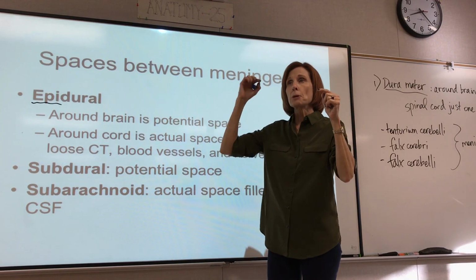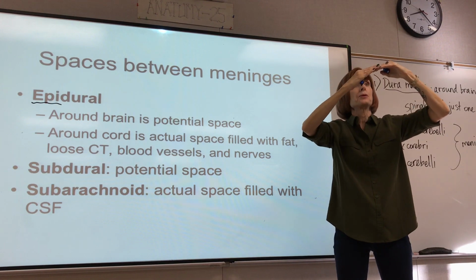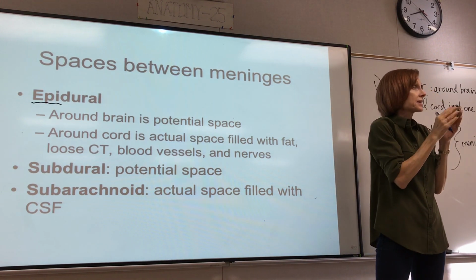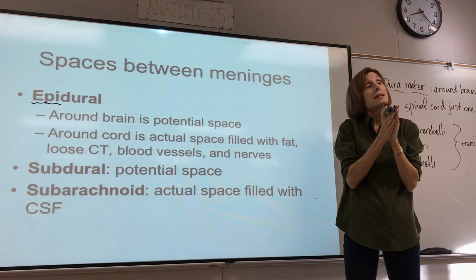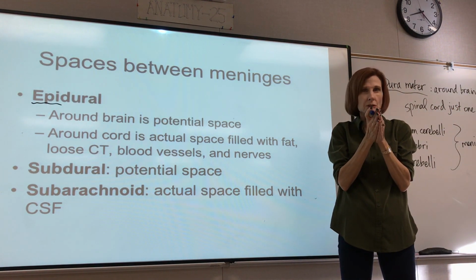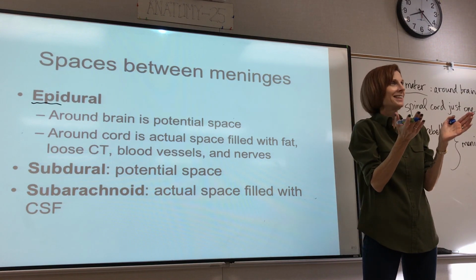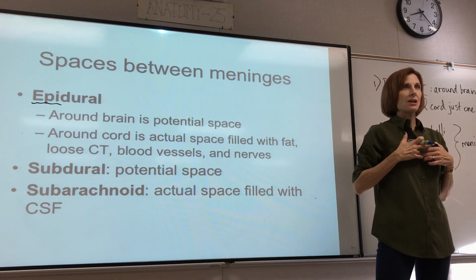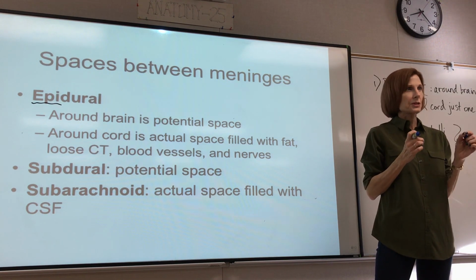Now we said that the dura mater around the brain has that periosteal layer that's right up against the bone. But the periosteal layer is not actually fused to the bone. So there is a potential space there. Do you guys remember potential spaces from, I think it was like day one? We said that the pericardial cavity and the pleural cavity, all of that, those are potential spaces.